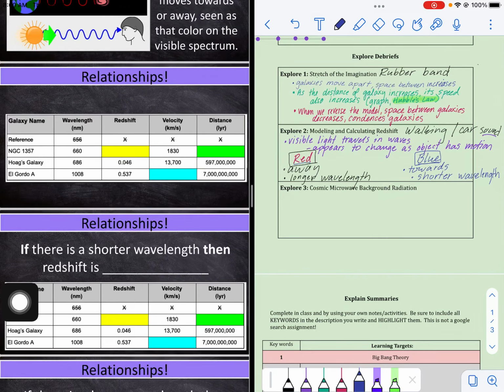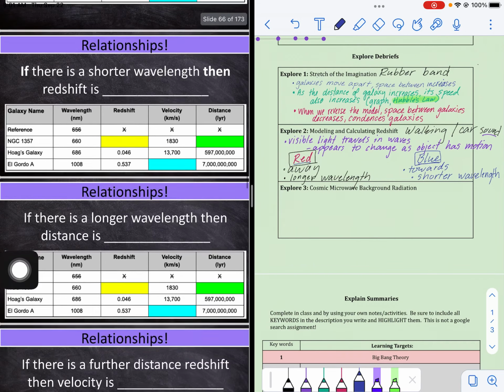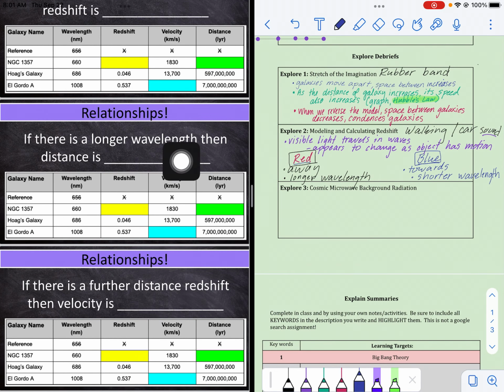Opposite here. So with our data table that we looked at, thinking about relationships, if the wavelength is generally shorter, then we know that our redshift is less, right? We're not seeing as much of a movement away with that shorter wavelength. The longer that wavelength is, the bigger the redshift is, right?